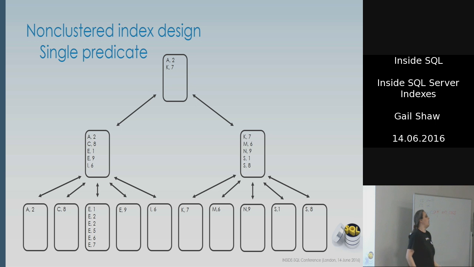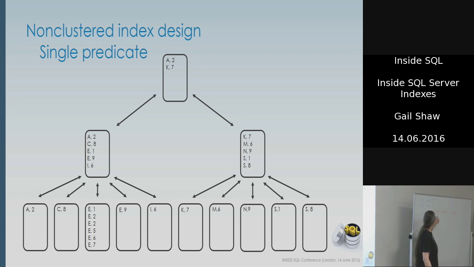What you're looking for is the column order in the index that allows SQL to reduce the number of rows that it needs to look at as fast and as early as possible in the query. So whichever of these two will normally reduce the row count the most is the one I want to put first in the index. And of course I want to consider all the other queries on my table.